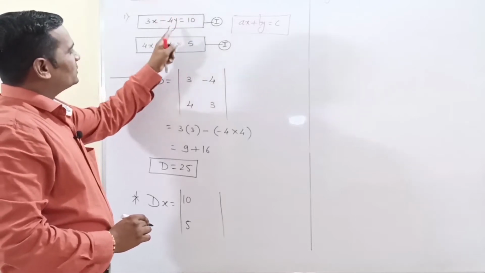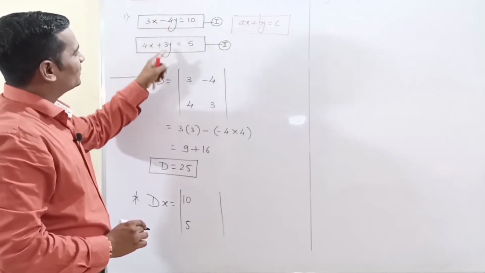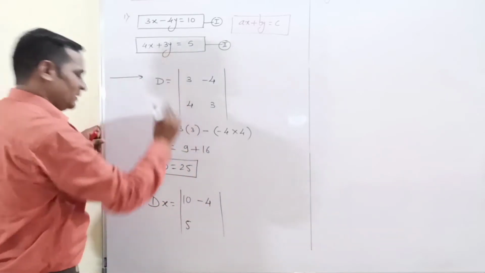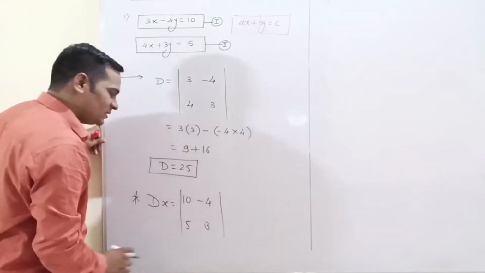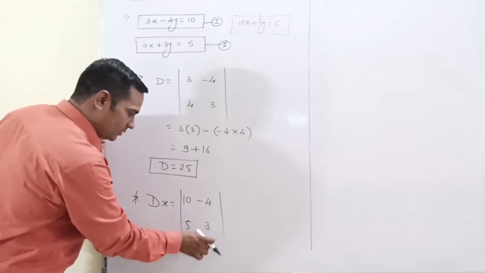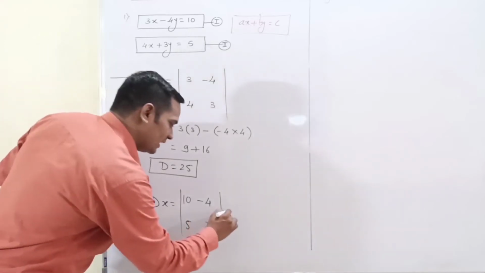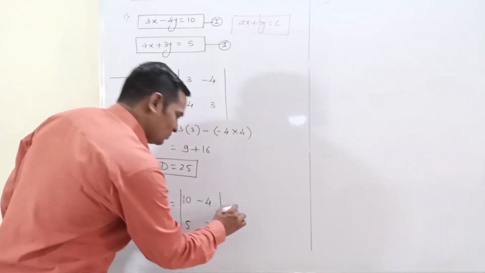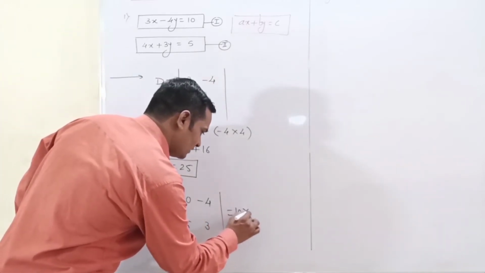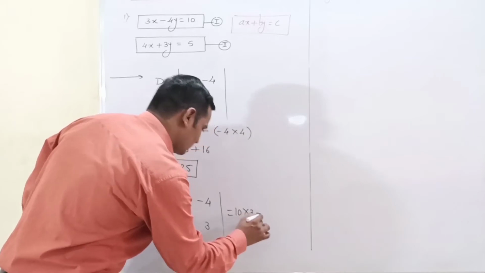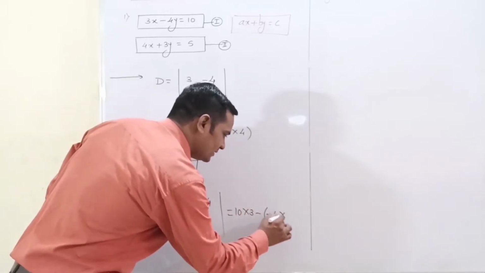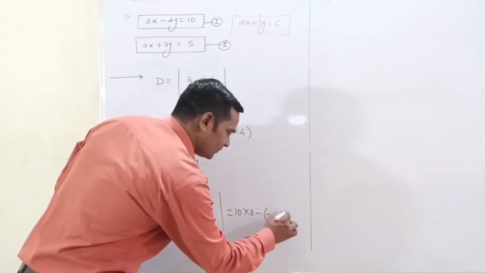Thereafter we take the coefficients of the second term. So this will be minus 4 and this will be 3. So let's find the value of this dx. So 10 into 3 as usual, 10 into 3 minus, and this is a minus again, so we take it in a bracket, minus 4 into 5.